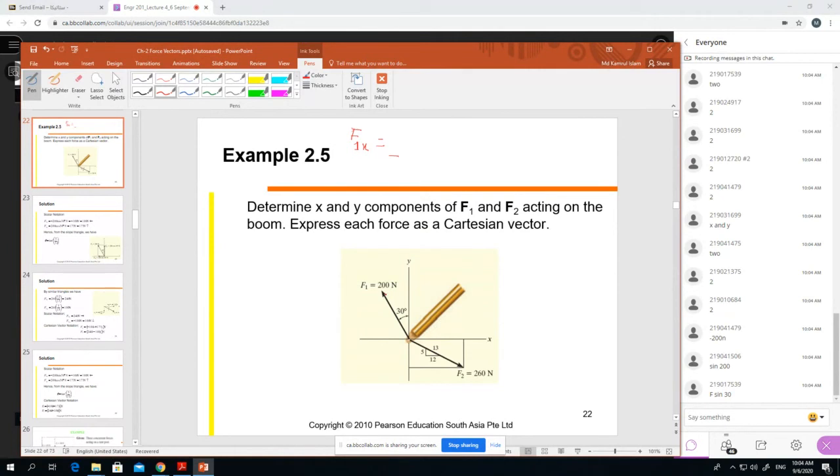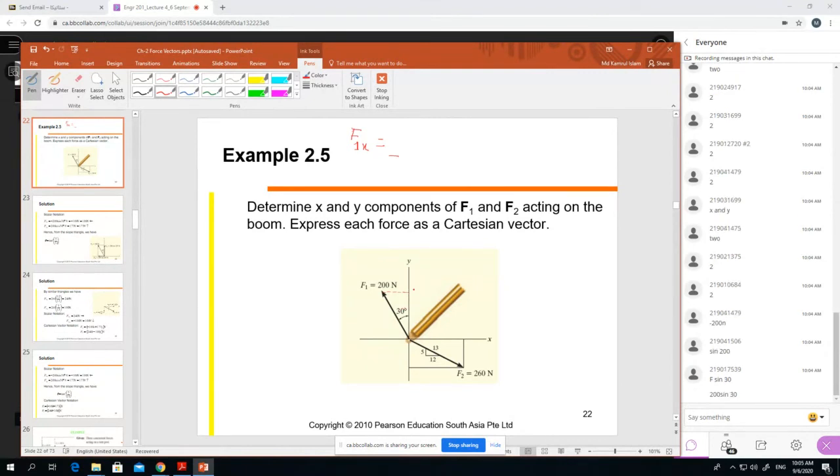Look, imagine this is our triangle. Now we are looking for F1x. As I told you, if it is along the reference line, then it will be cos. If it is not along, then it will be sine.